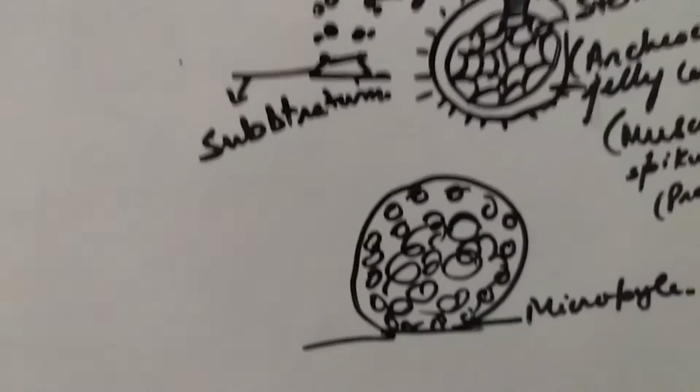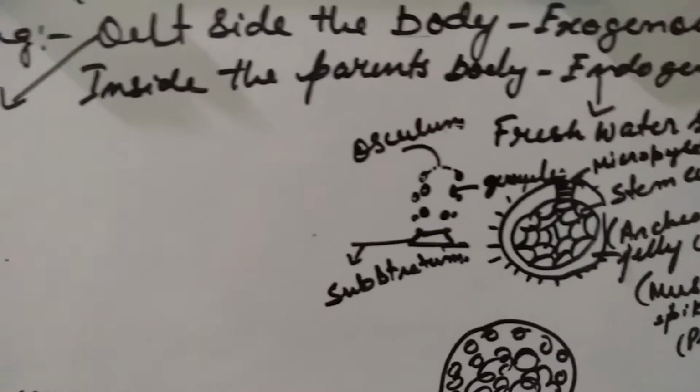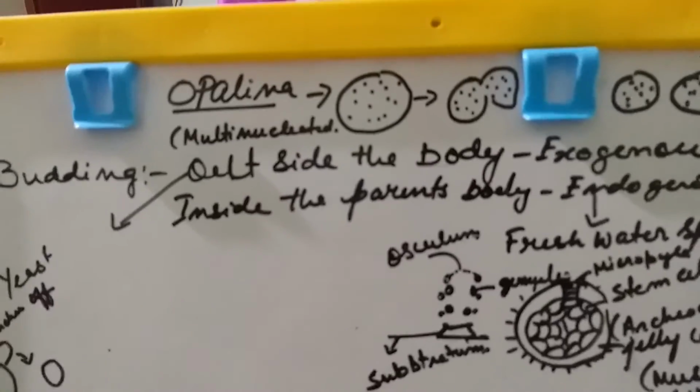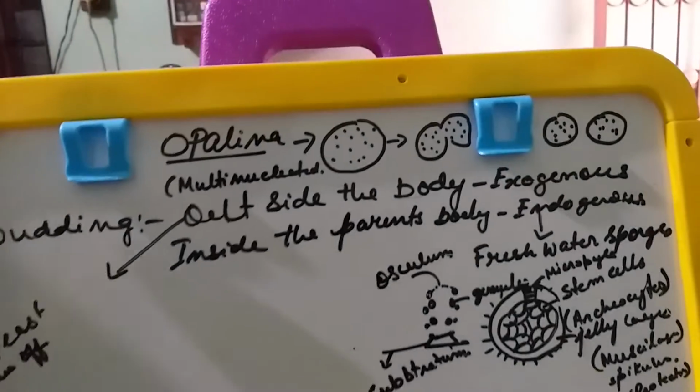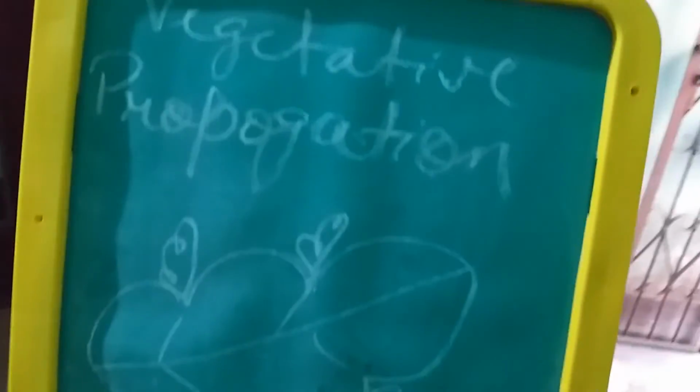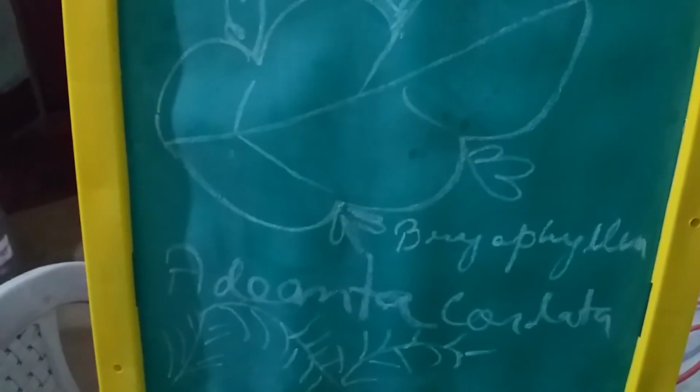Example, freshwater sponge. Okay. Now, another method of reproduction is through vegetative propagation. Now you see clearly, vegetative propagation is an example we see in the bryophyllum leaf, and another one is Adiantum caudatum, known as a false fern.